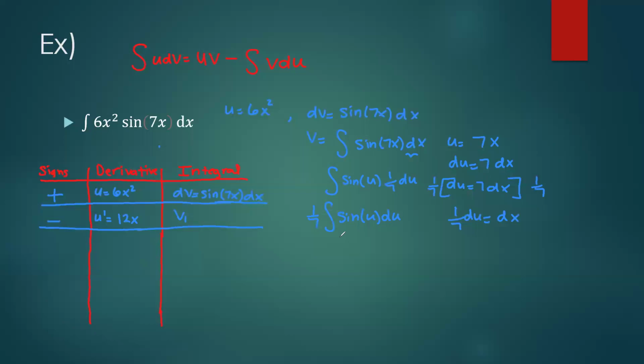The integral of sin of u du is negative cosine of u. Don't forget you have to multiply this by 1/7. So your v, or your v1, is negative 1/7 cosine of 7x.